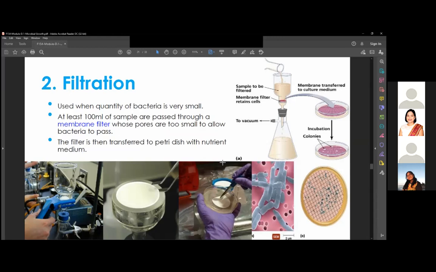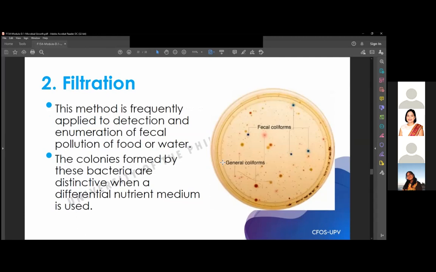Okay, next, that's for filtration. Ayan. Next slide, please. Ayan. So, yan yung makikitang growth, no? This is usually done sa mga water samples. What example can you think na ginagamitan natin ng filtration?